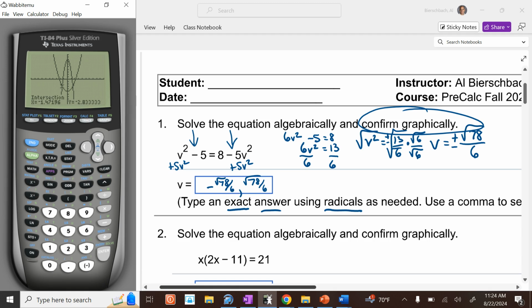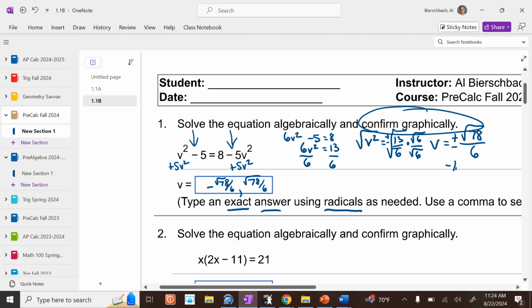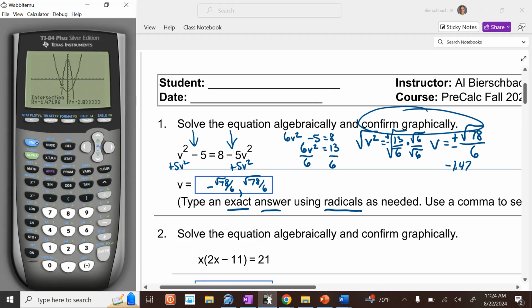Now, it doesn't tell me the square root of 78 over 6. It tells me negative 1.47. Well, on our calculator, get out of the graphing mode and take the second square root, the square root of 78.